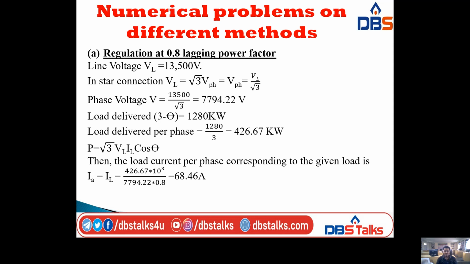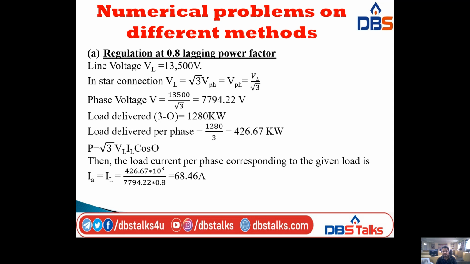So IL is 426.67 into 10 cube, the load delivered per phase, divided by the phase voltage 7794.22 into cos phi, 0.8. After simplifying these values, we get Ia equal to 68.46 amperes.